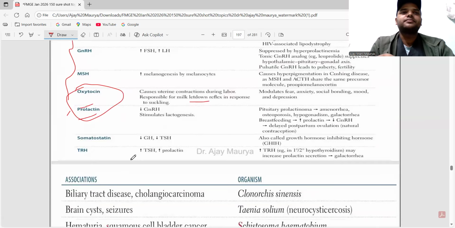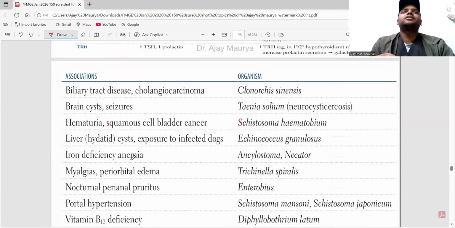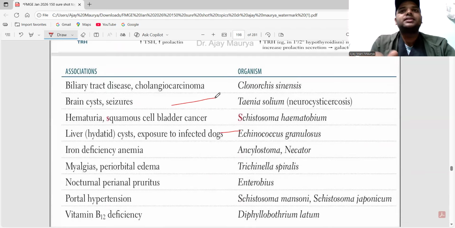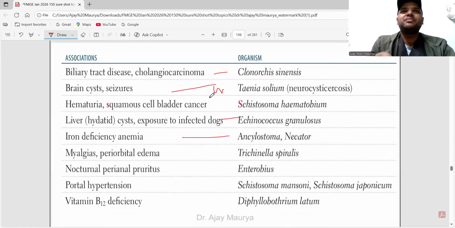Please remember this one. Next, these are some important organisms which cause different conditions. I think these are the important ones. This will come in surgery. This is also in the surgery cases. In the CNS cases, you will get this one. This is also in surgery cases. This is also in microbiology. See, all are important. Please master everything.